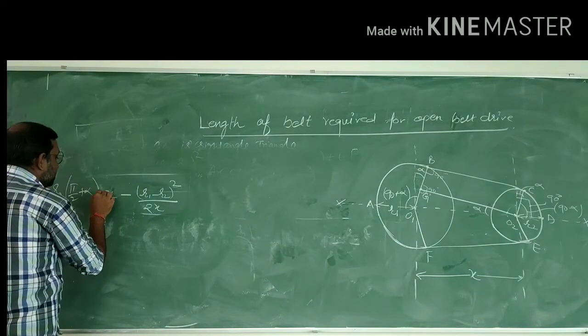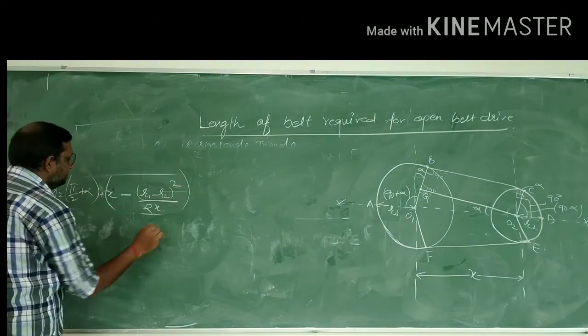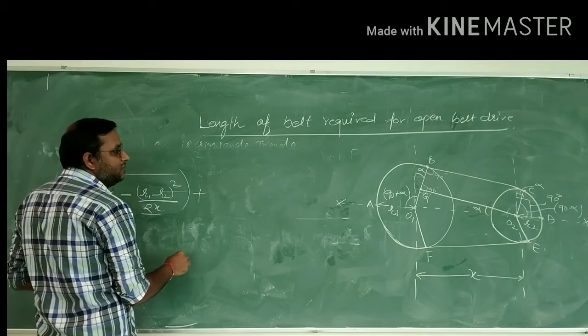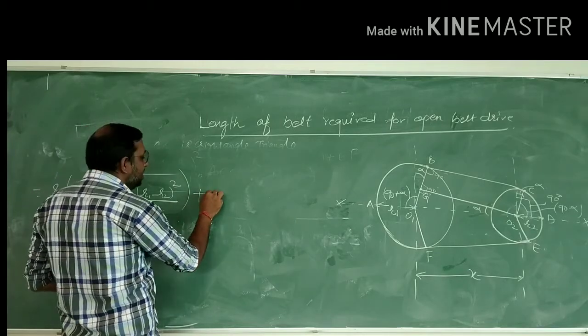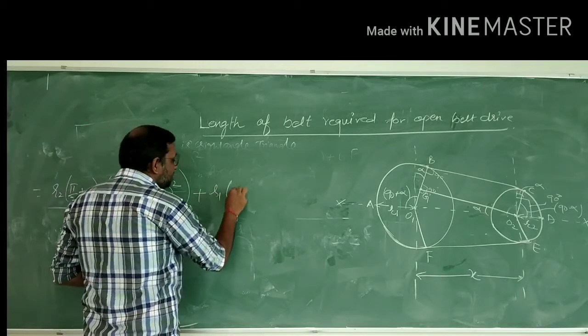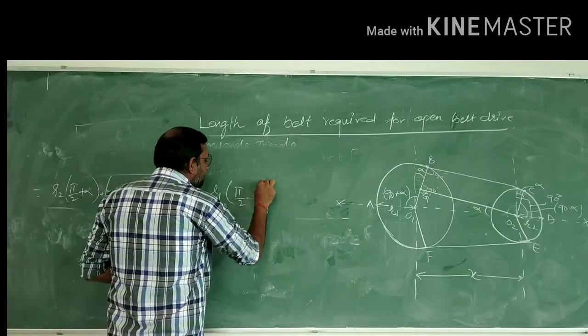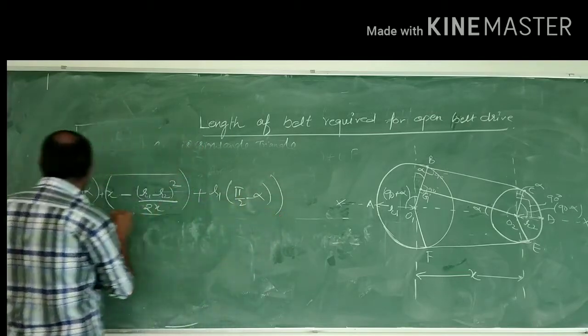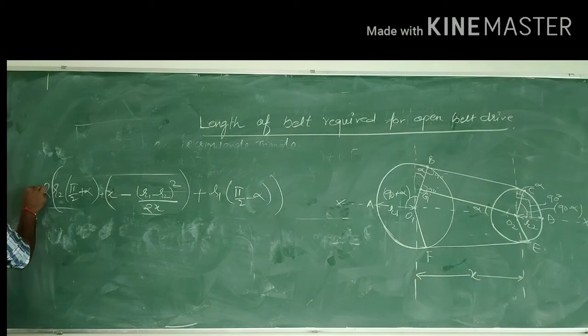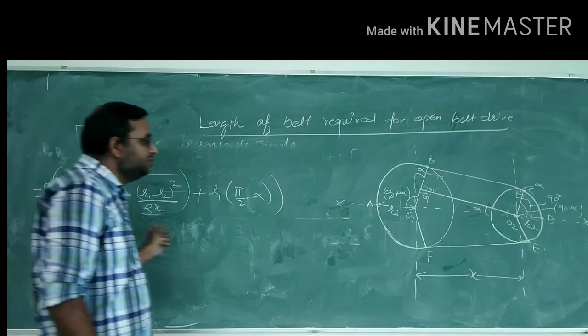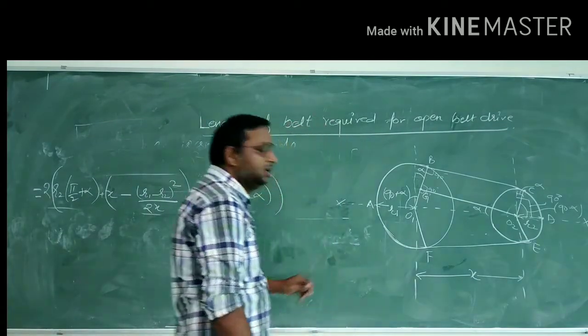Okay. Then plus this term. Then plus the value of CD, R1 times 90 minus alpha, and we multiply each term with 2. That's only then we will get the whole length of the belt.